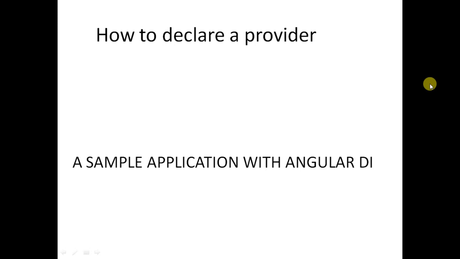To map a token to an implementation of a class, use the object with the useClass property. If you have a factory function that instantiates objects based on certain criteria, use an object with the useFactory property, which specifies a factory function, a fat arrow function, that knows how to instantiate required objects.